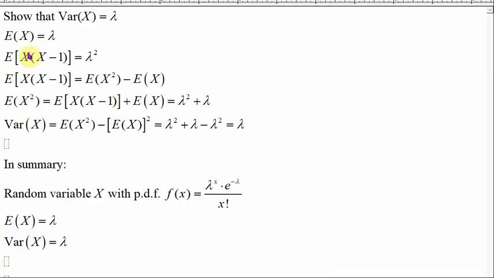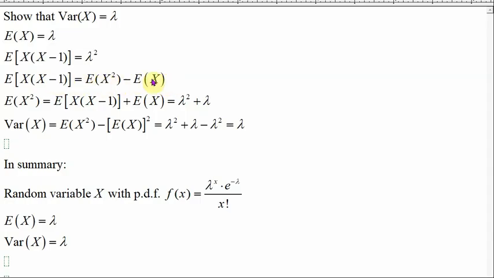And so, so far we have seen that the expected value of x is lambda, and the expected value of the expression x times x minus 1 is lambda squared. X times x minus 1 is the same as x squared minus x, and so the expected value of x squared minus x is the same as the expected value of x squared minus the expected value of x.